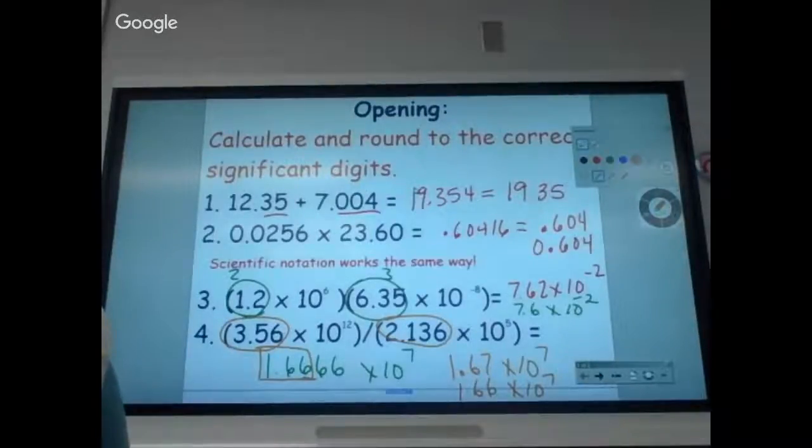Or if you left 375.4, that's fine. Questions about any of those? Any questions about how to get anything in the adding and subtracting?